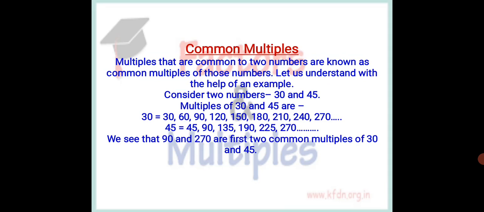So we can see that 90 and 270 are the first two common multiples of 30 and 45, isn't it?